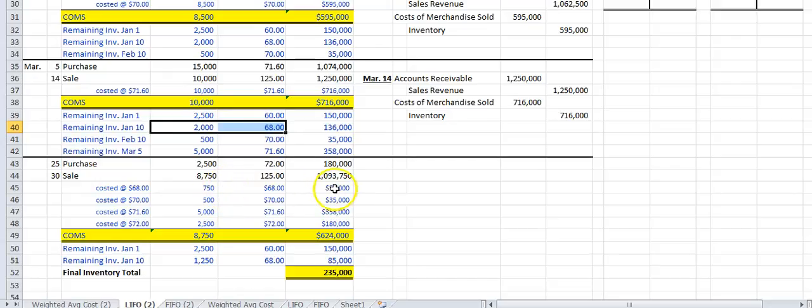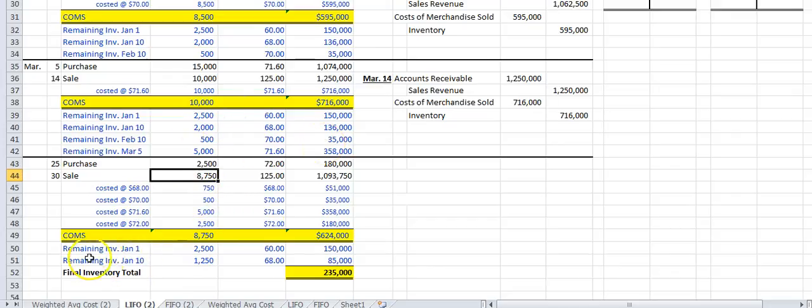So I costed them individually here. The total of all this is going to be 624,000, right? So that's your cost of merchandise sold for the full 8,750 units. It's a combination of all these layers above.